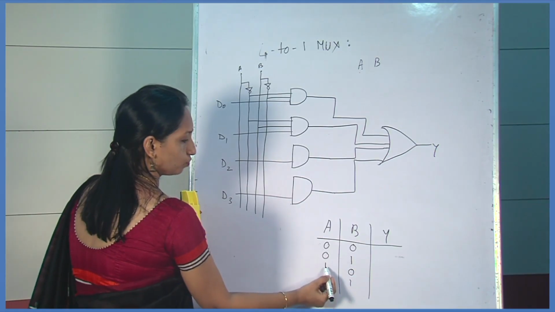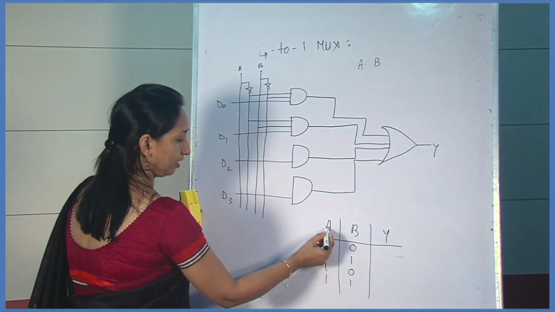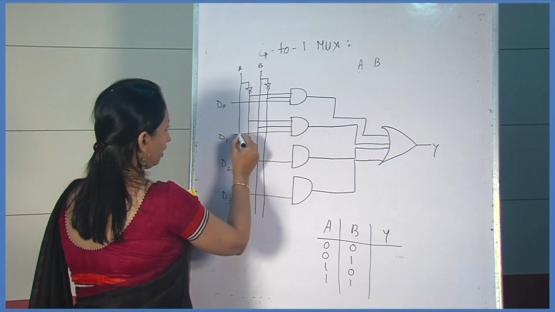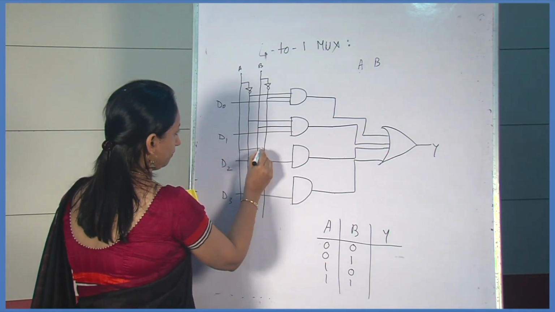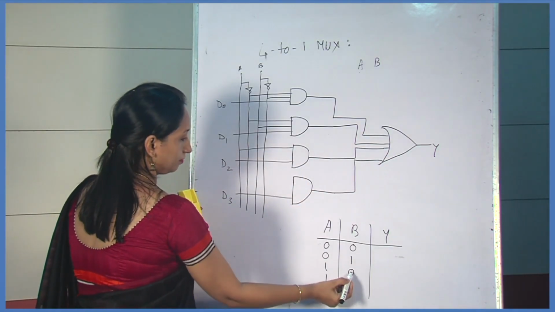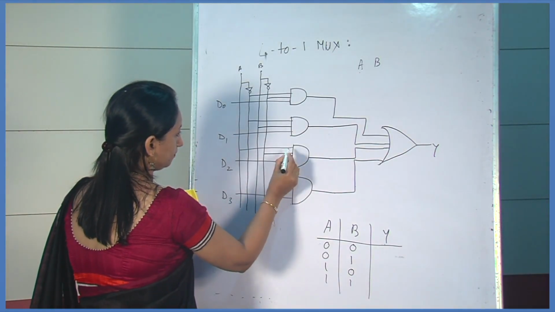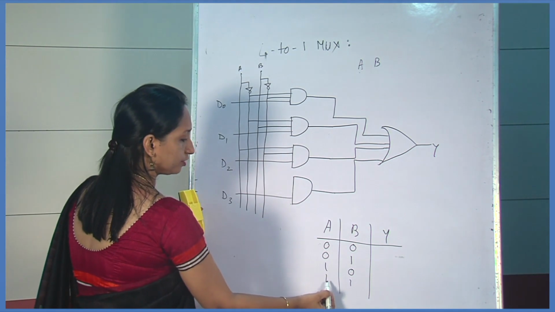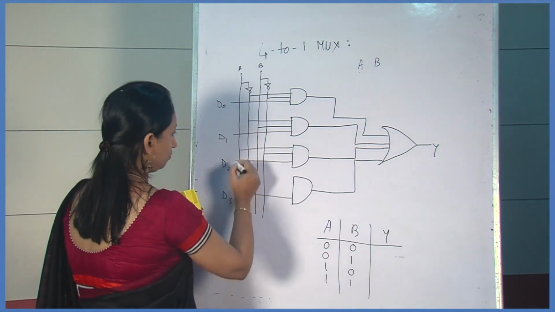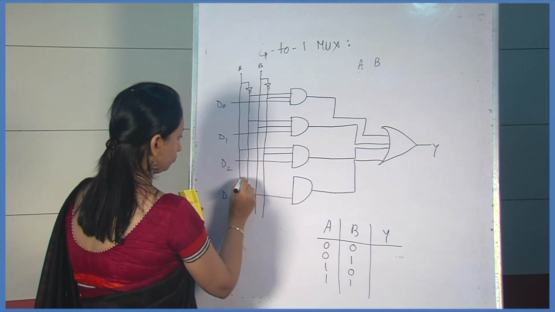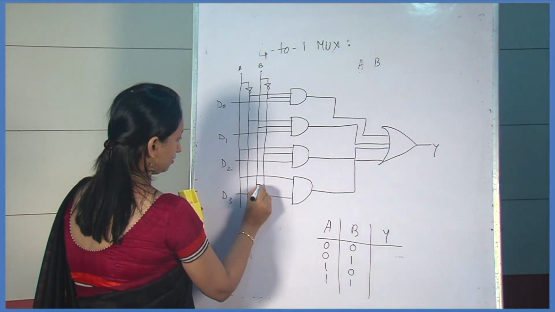Next combination is 1 and 0. That means A is 1, so here this is the line 1. Then B is 0, so it should be from the NOT gate. And the fourth combination is 1, 1. Both inputs A and B are 1, so from this line and this line.